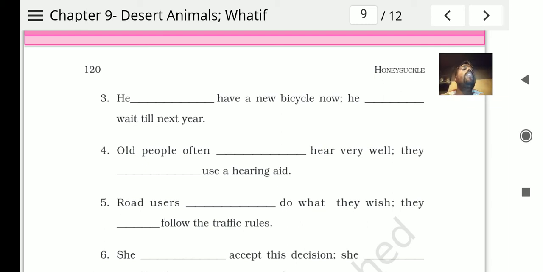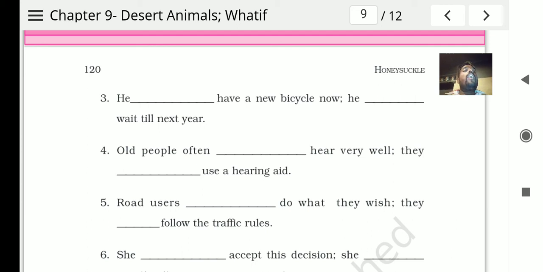That you have to understand in your mind. So here you have to fill up has to. He cannot have a new bicycle now. He has to wait till next year. Did you get? Okay, next one.